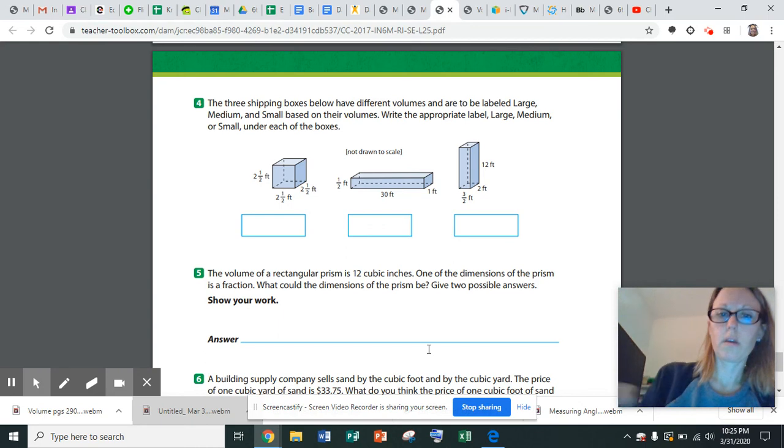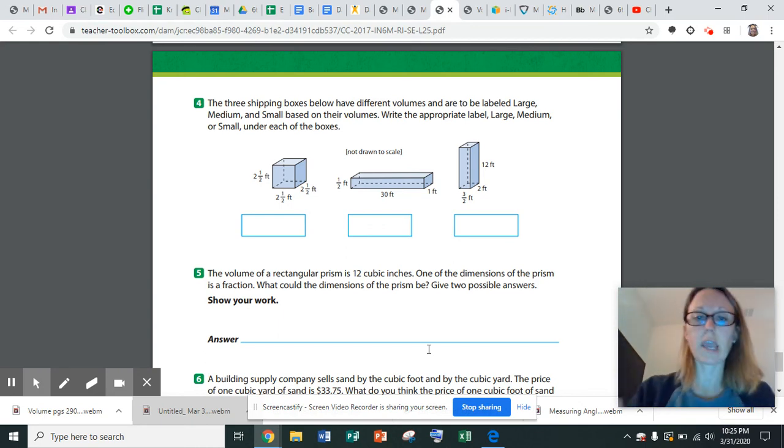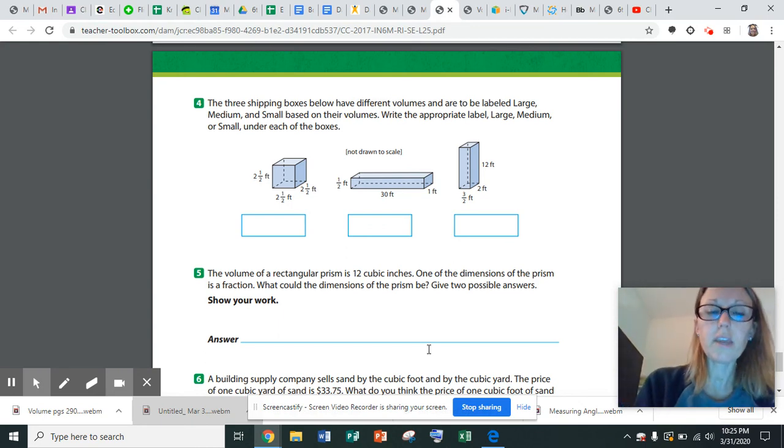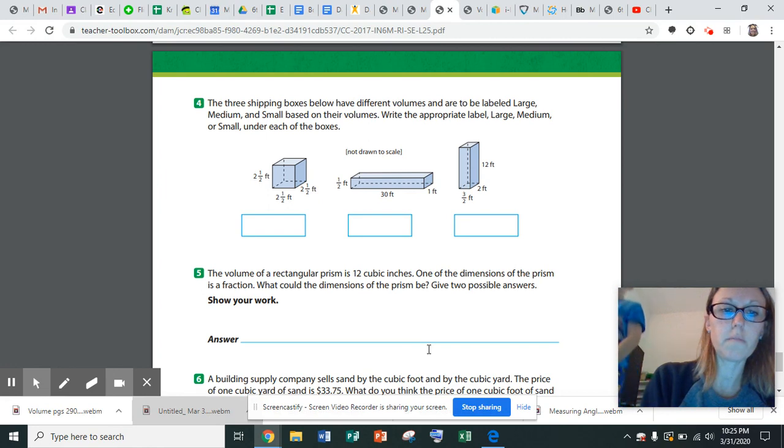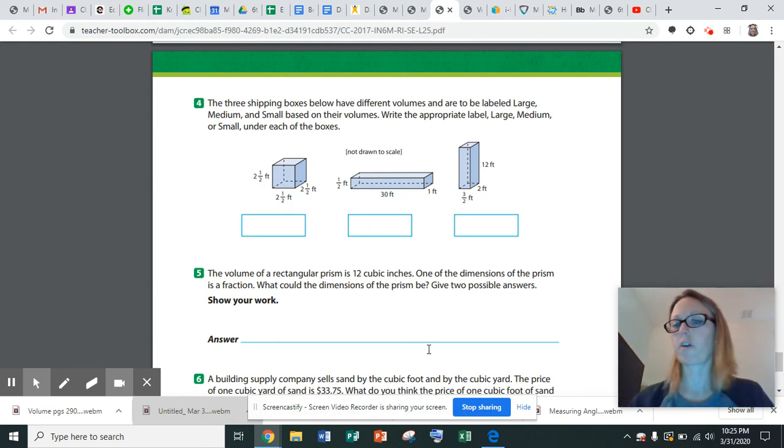So these are not drawn to scale, and they don't look like this, but this one will be your small, this one will be your medium, and this one will be your large, based off of their volume.